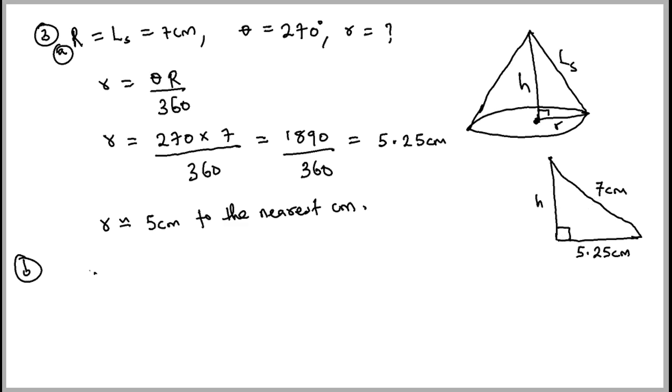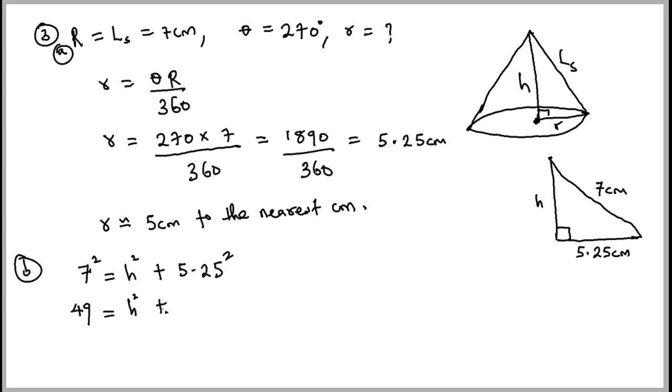So the square of the longest side, that is 7 squared, is equal to the sum of the squares of the other sides, that is h squared and 5.25 squared. Let's get the value of 7 squared. 7 squared is 49, equals h squared plus 5.25 squared.